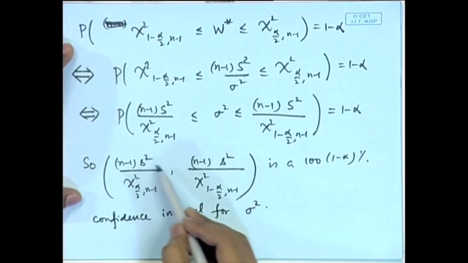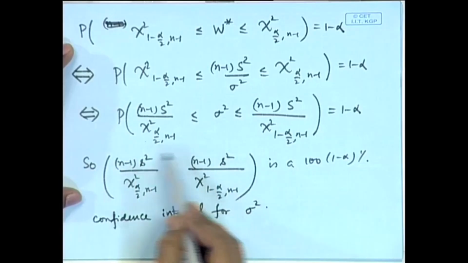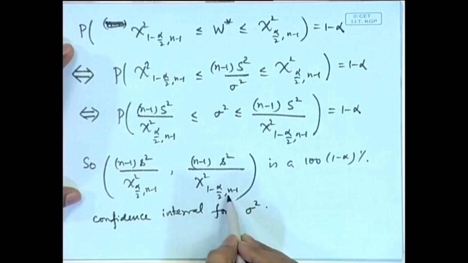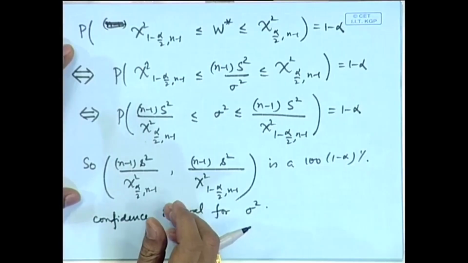So, if a sample is observed, we can evaluate the value sigma x i minus x bar whole square and get the sample variance, and the chi square values can be seen from the tables of the chi square distribution, and a confidence interval can be obtained.